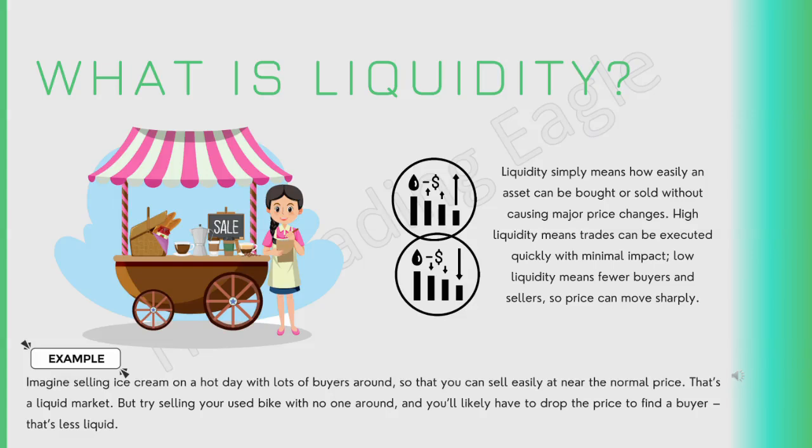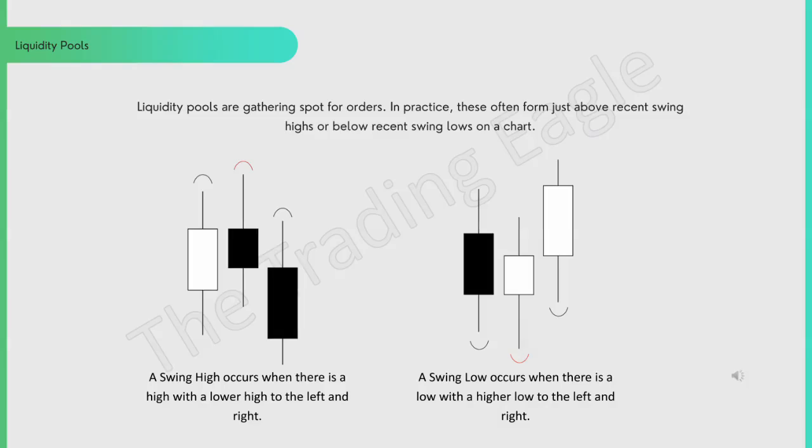Think of a liquidity pool as a gathering spot for orders. In practice, this often forms just above recent swing highs or below recent swing lows on a chart. Retail traders love placing stop losses near recent swing points, whether to reduce their losses or to lock in some profits.